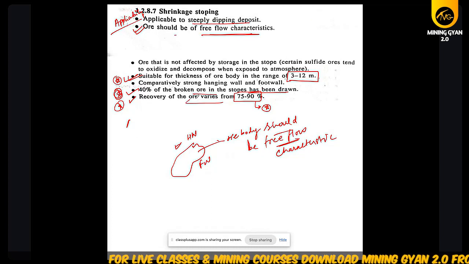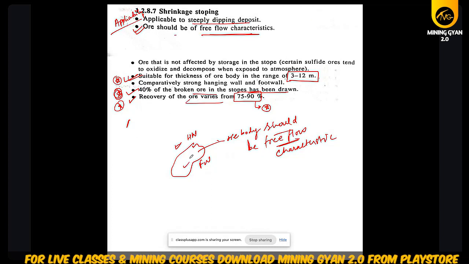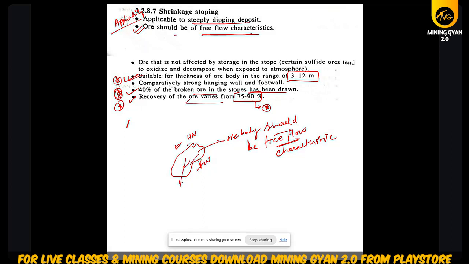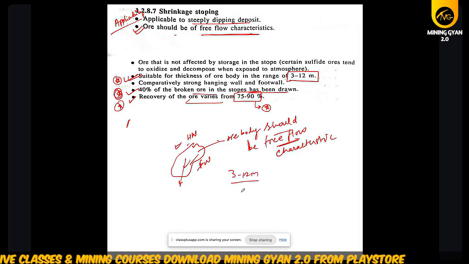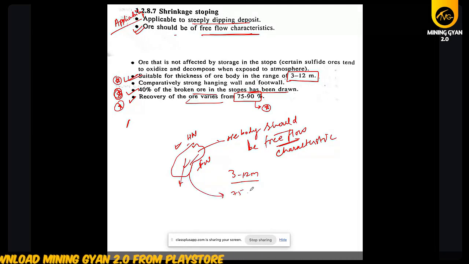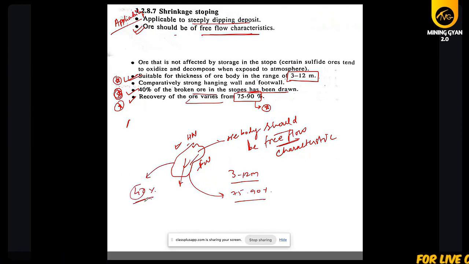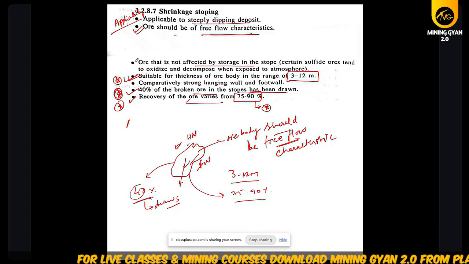So you should remember these points: in the ore body, hanging wall and foot wall should be strong, ore should be free flow, thickness should be 3 to 12 meter, recovery up to 75 to 90%, and 40% of the ore from the stope can be drawn. Okay, and ore should not be affected by storage. I already discussed this. This is also an important point.